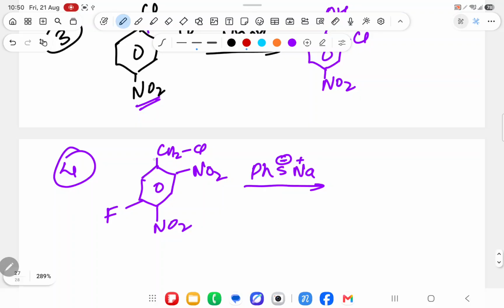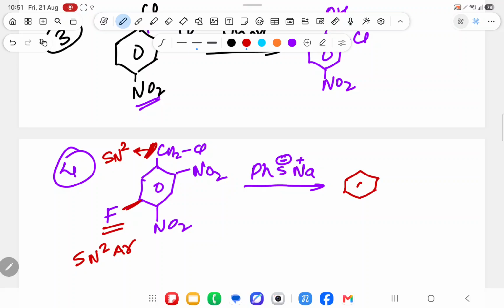If you check from this side, CH2Cl is not an aromatic compound, it is resonance stabilized, it will do SN2. But if you check from this side, it is fluorobenzene, it will do SNAr, an aromatic substitution. So over here the benzene ring is coming, NO2 will be as it is.